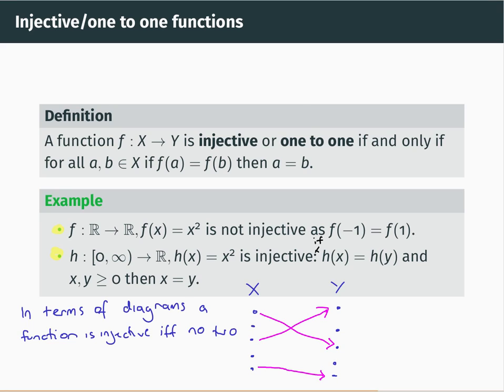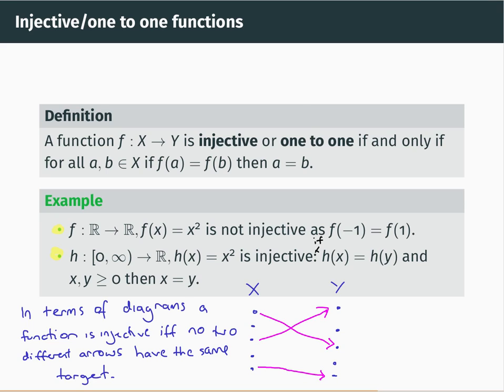The answer is that no two different arrows have the same target. The target means what they're pointing at.